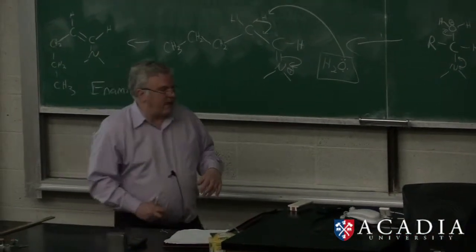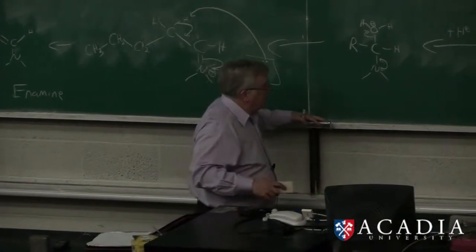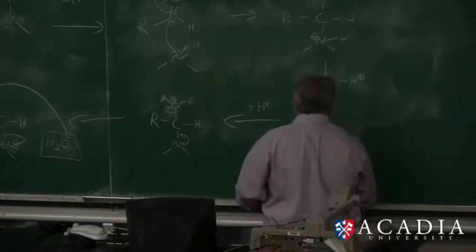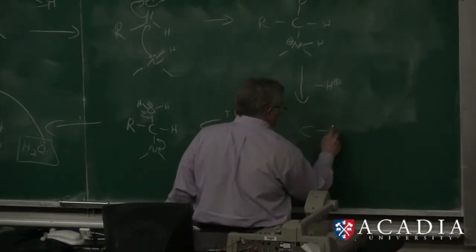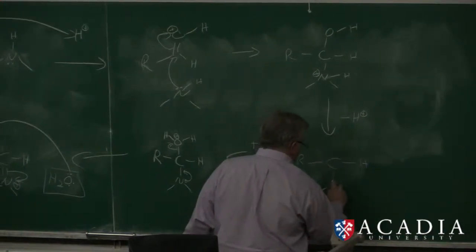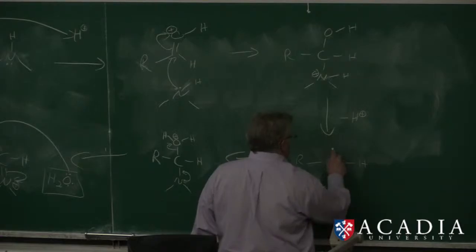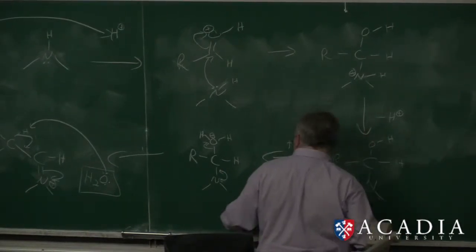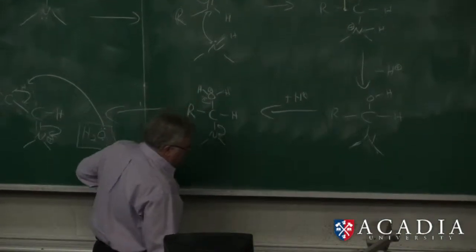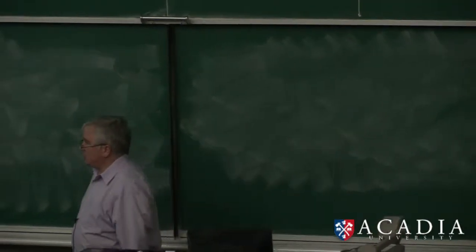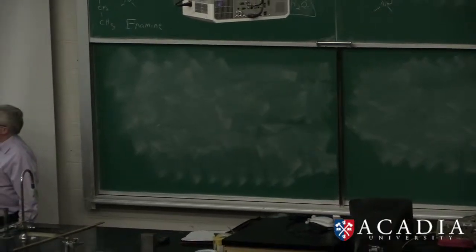The one thing that may have been a slightly bad example in this test is that the next question is actually pretty similar. The next one is: show the reaction with mechanism that occurs between benzyl methyl ketone.